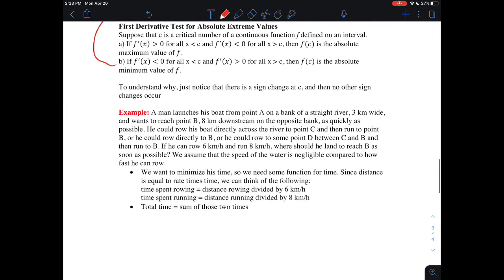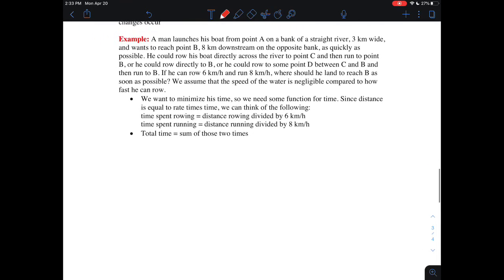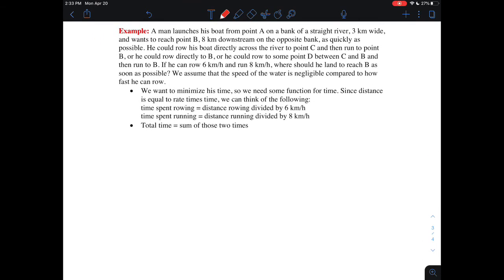So let's take a look at another example where we can keep all of this in mind to finish up this section. A man launches his boat from point A on a bank of a straight river 3 kilometers wide and wants to reach point B 8 kilometers downstream on the opposite bank as quickly as possible.